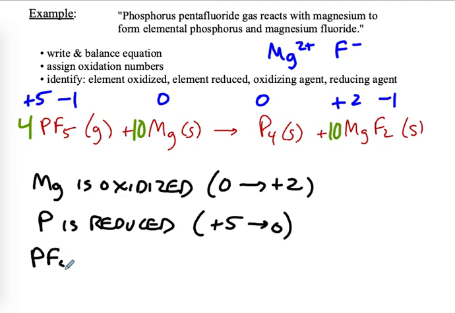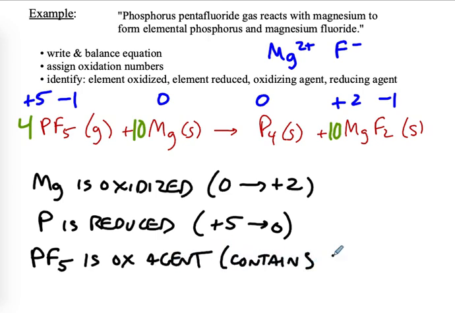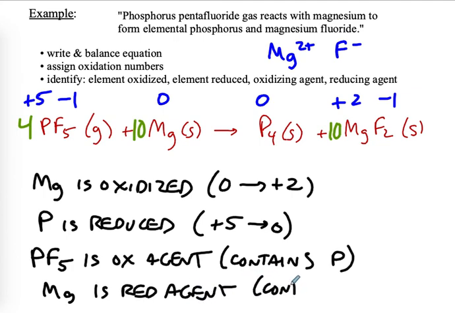That must be phosphorus pentafluoride, and that is because it contains phosphorus, which is the element being reduced. Phosphorus is being reduced, therefore magnesium must be the reducing agent because it contains magnesium, the element being oxidized.